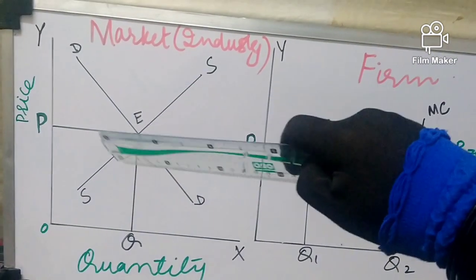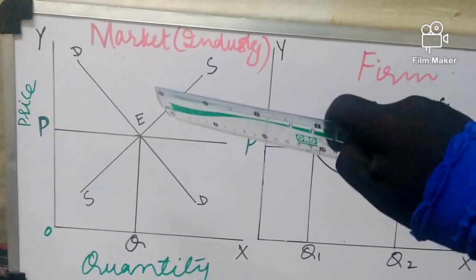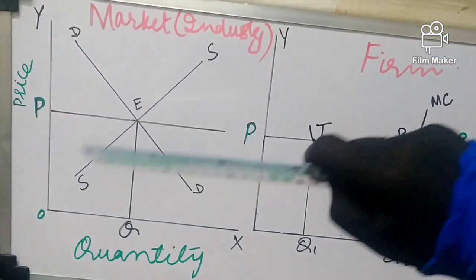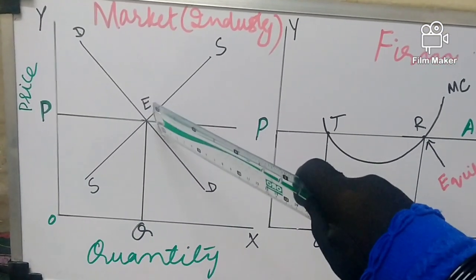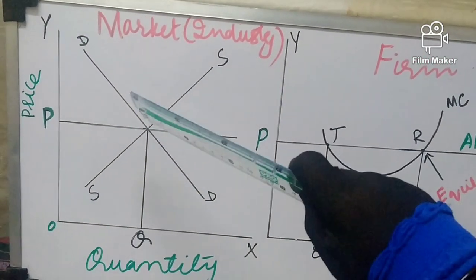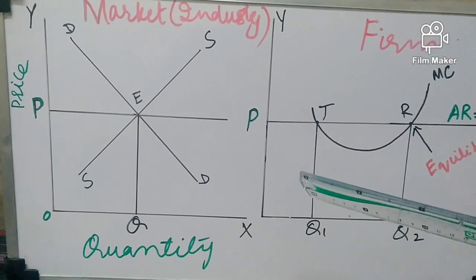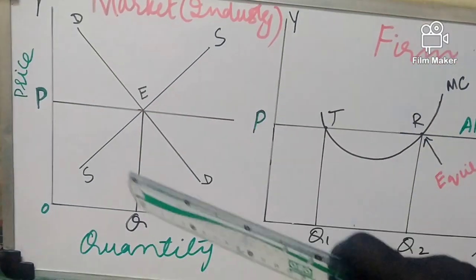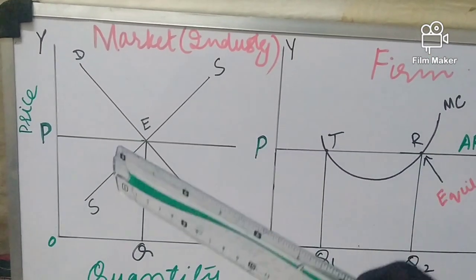The equilibrium takes place in the case of market or industry under perfect competition at the point where supply is equal to demand, or equilibrium is determined according to the market demand and supply forces at the point E, as the demand curve and supply curve intersect each other at the point E. On the vertical axis we have taken price, and on the horizontal axis I have taken quantity. So the equilibrium price is P and the equilibrium quantity is Q in case of market or industry under perfect competition.